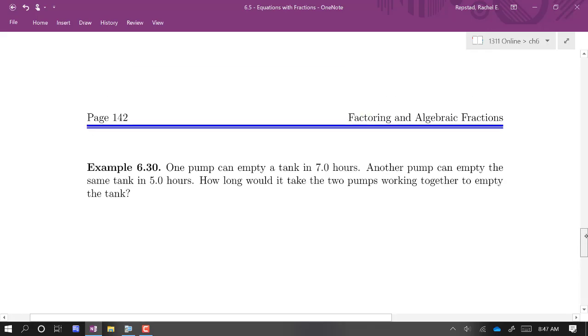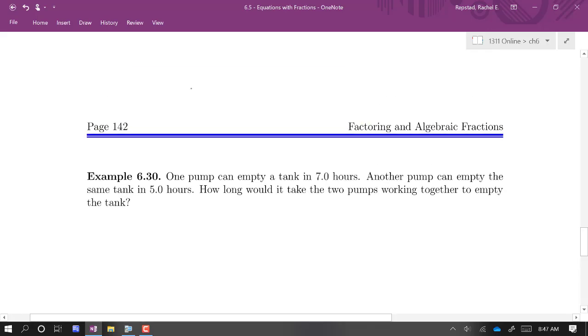But I'm going to start with one of the underlying relationships for helping us make these equations. We're already familiar with the equation that distance is equal to rate times time, right?